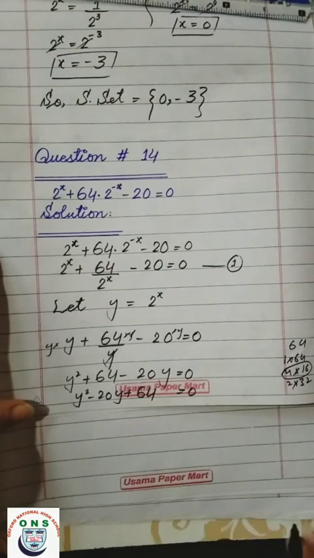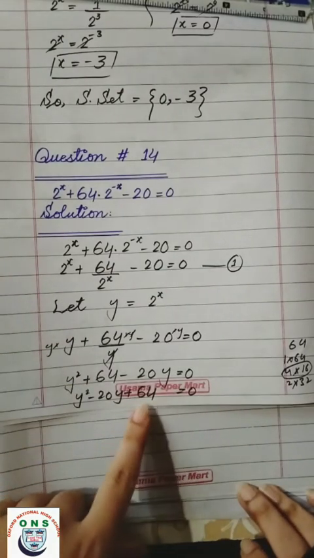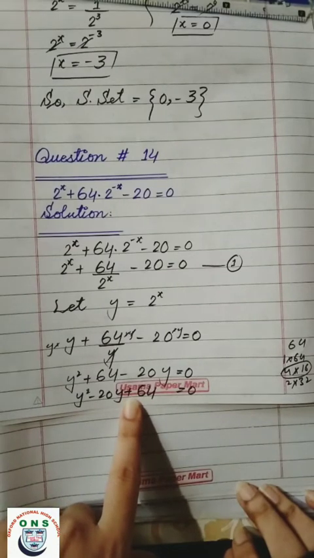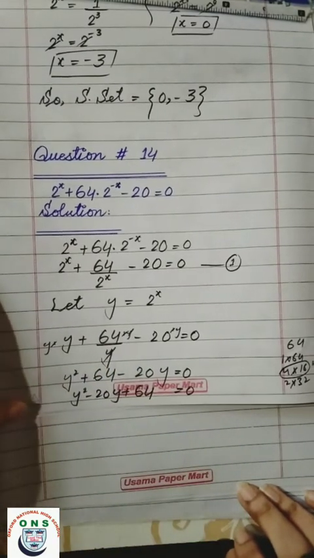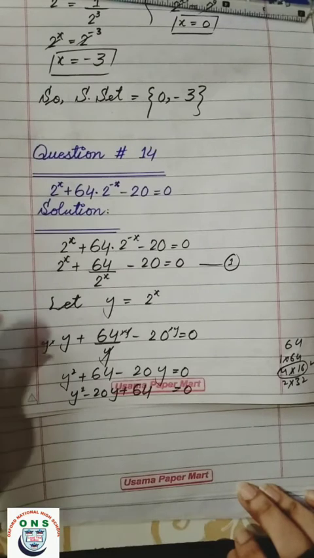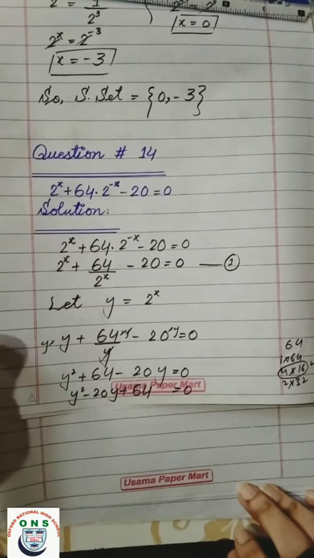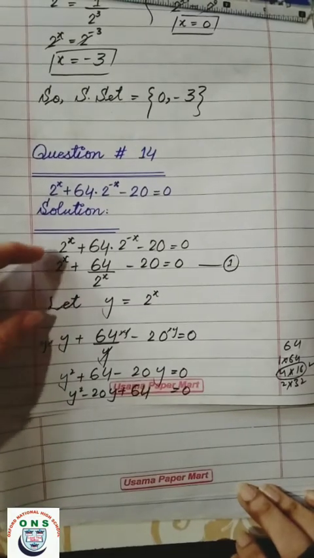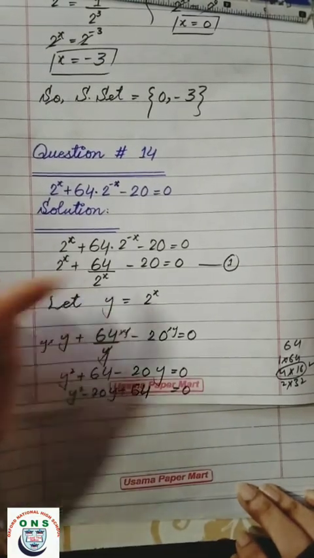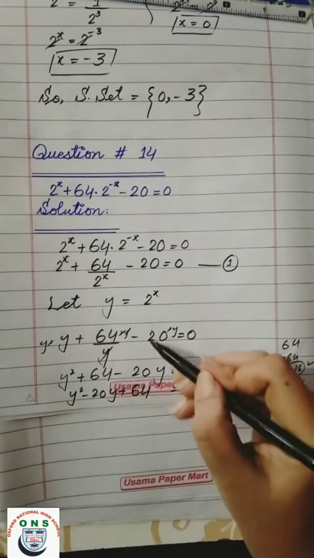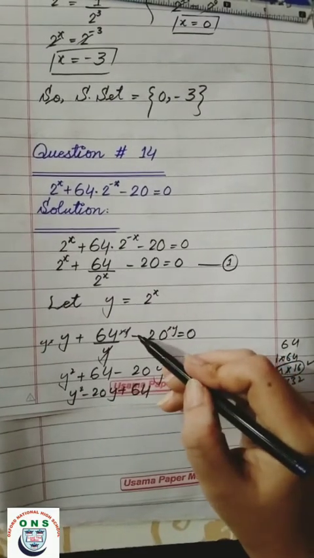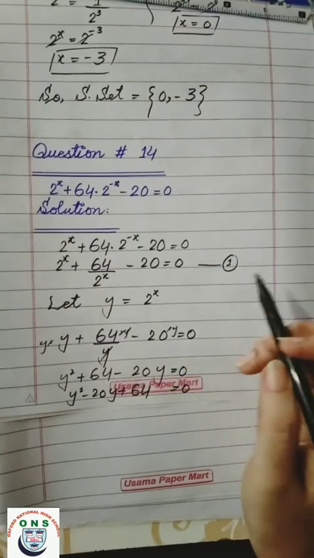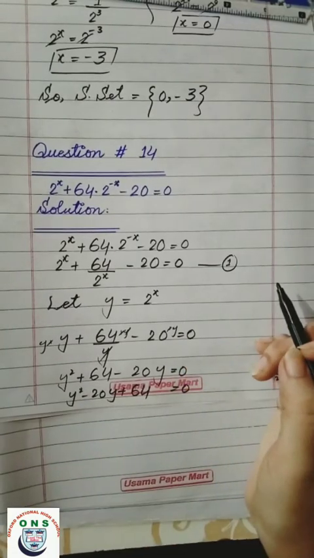It is very easy. If you place the value of y, after that you can find the value of x. The remaining part of this question you will solve by yourself. Inshallah you can do it, because it's also very easy. Only from the start there was a bit of difficulty. I have done it so that it will not be problematic for you and you will not worry about it.